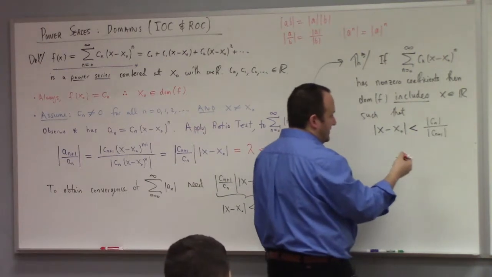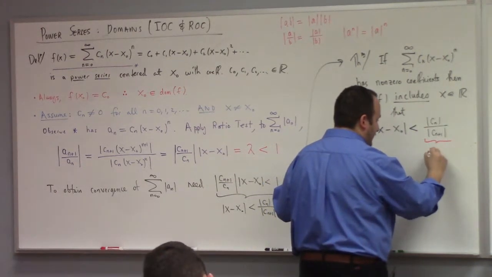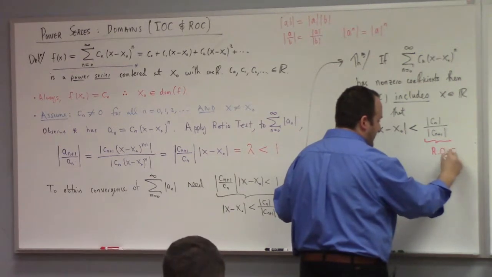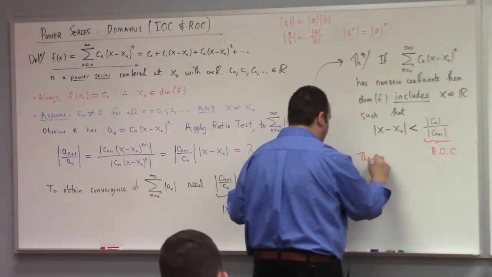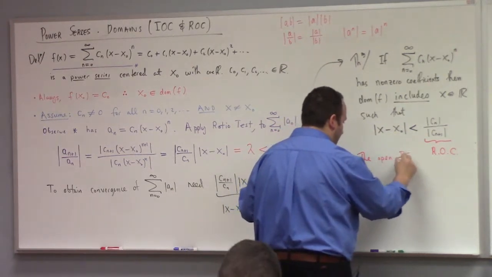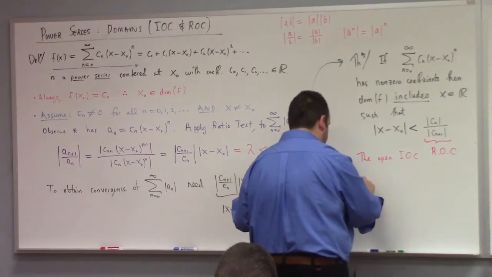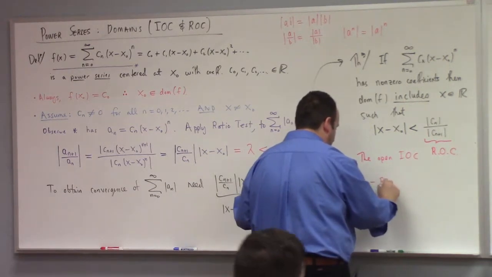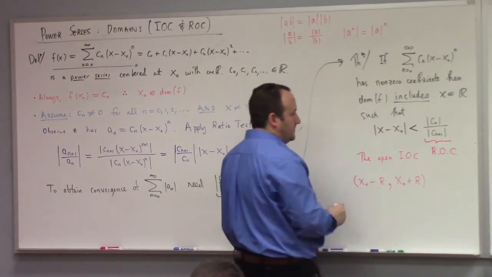In view of what I told you last time, somewhat without proof, this is going to be the radius of convergence for this special case. And so the open interval of convergence for such an example is going to be x naught minus r, comma x naught plus r, right?